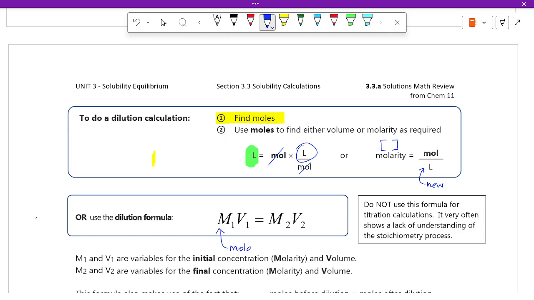Honestly, I have to be honest with you, I never use this formula because I have a tendency to put the ones with the twos and the twos with the ones, and I rearrange it wrong because my brain is messy. So if you also have a messy brain, this formula can be a little bit dangerous. But if your brain does not tend to just write down the wrong thing randomly, this is perfectly good. Nothing wrong with it whatsoever.